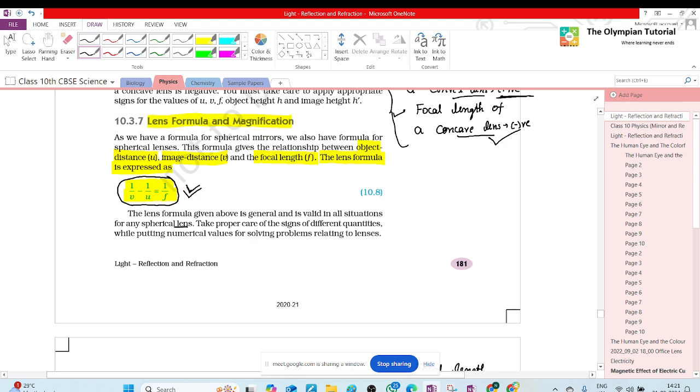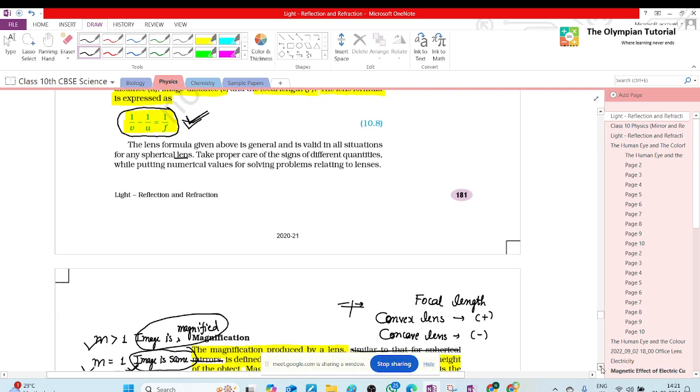This is the lens formula: 1 upon v minus 1 upon u is equal to 1 upon f. Ayukta, let me know the mirror formula. Ma'am, 1 upon f is equal to 1 upon v plus 1 upon u. Very good. Thanya, your doubt is clear.